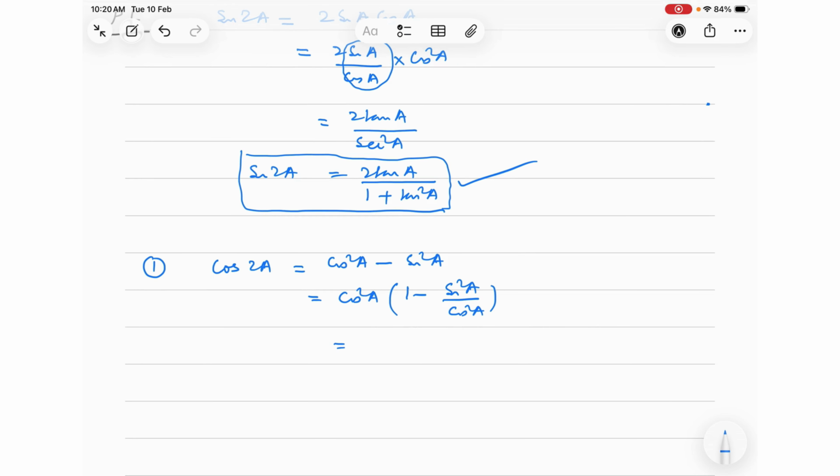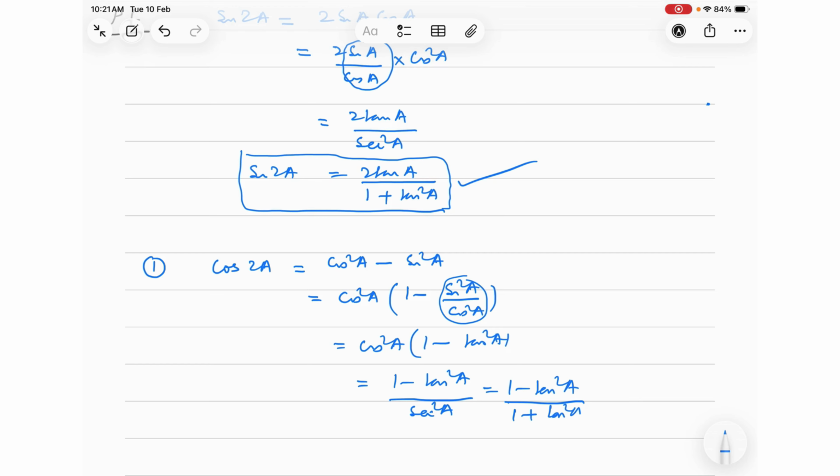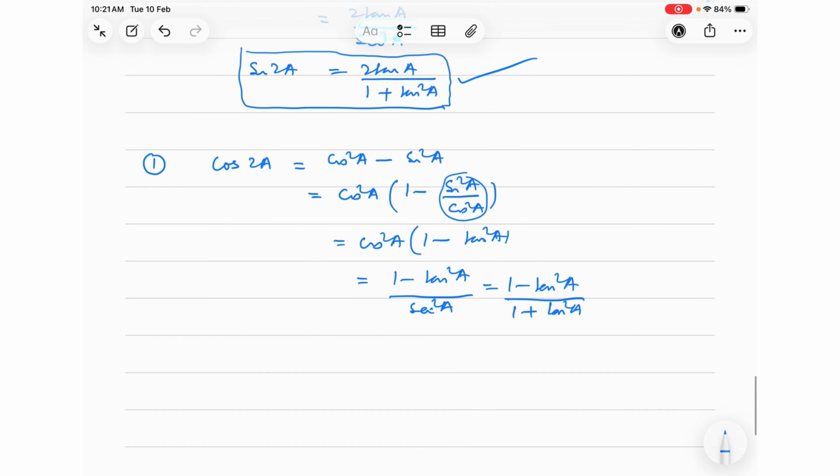This is cos square A into 1 minus sin square A by cos square A, which is tan square A. This is 1 minus tan square A, into cos square A, which is 1 by secant square A. So therefore, it becomes 1 minus tan square A by 1 plus tan square A, because secant square A is always 1 plus tan square A. So therefore, the third result is cos 2A equal to 1 minus tan square A by 1 plus tan square A.